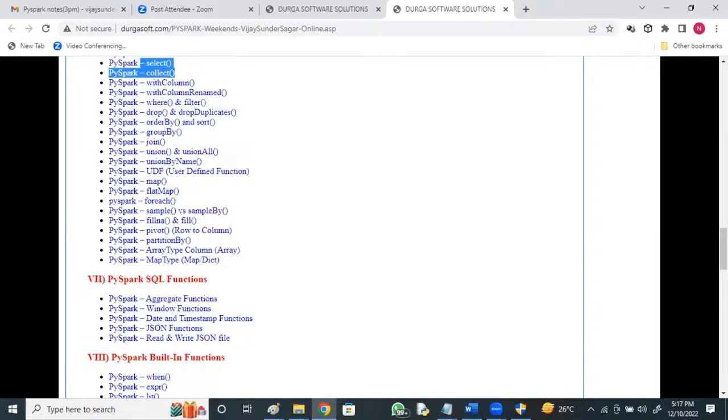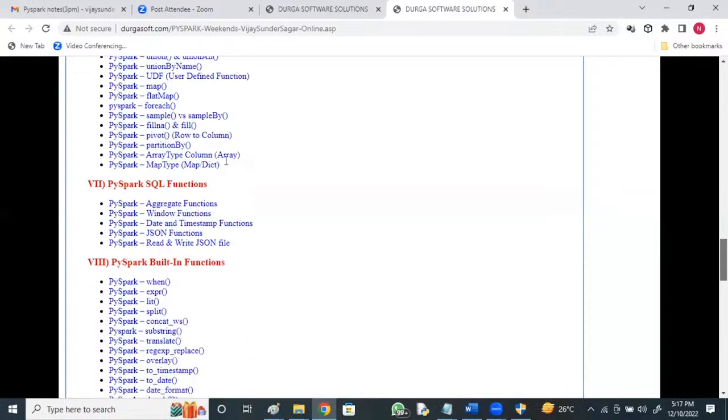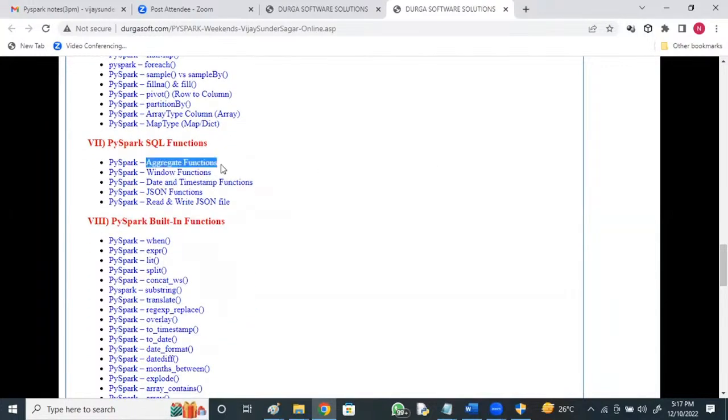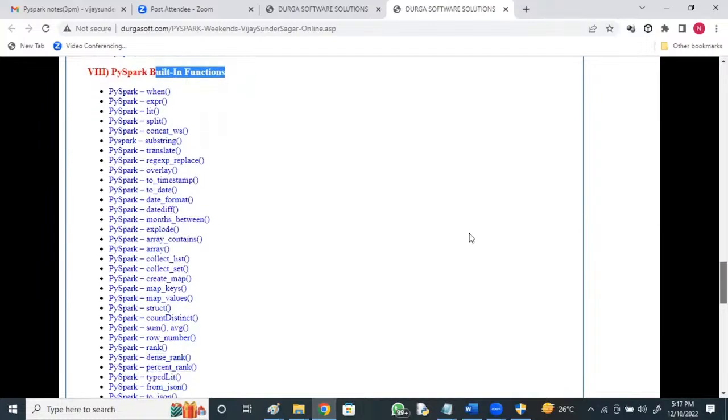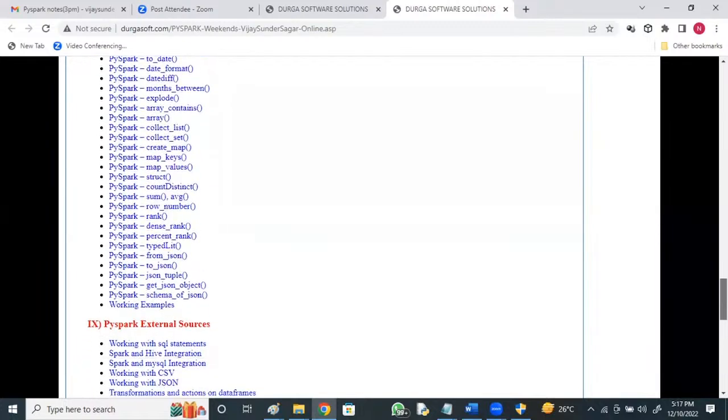And apart from this, if you go to the PySpark SQL functions, there are a lot of SQL functions like aggregate functions, window functions, date and timestamp functions, JSON functions. And the PySpark built-in functions, we have a lot of functions, each and every function with some examples: string, translate, overlay, to date, date difference, month, explode, map keys, map values, struct, row, rank, dense rank, percent rank, from JSON to JSON tuple.